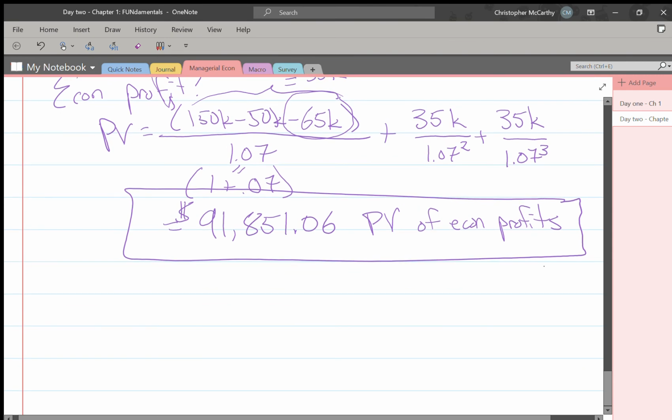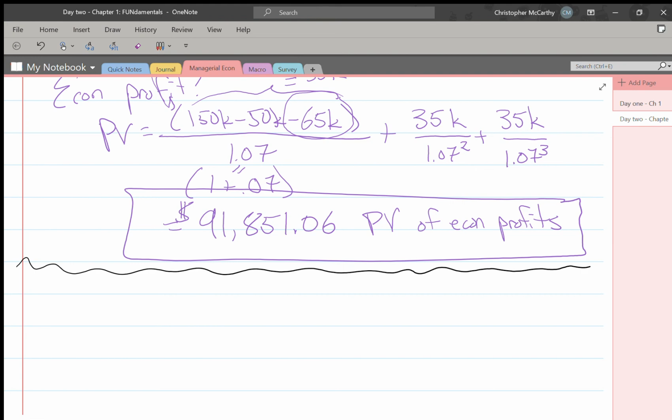How do we get a present value for a cash flow that generates forever? Well, because of the magic of geometry, we're able to actually approximate it.